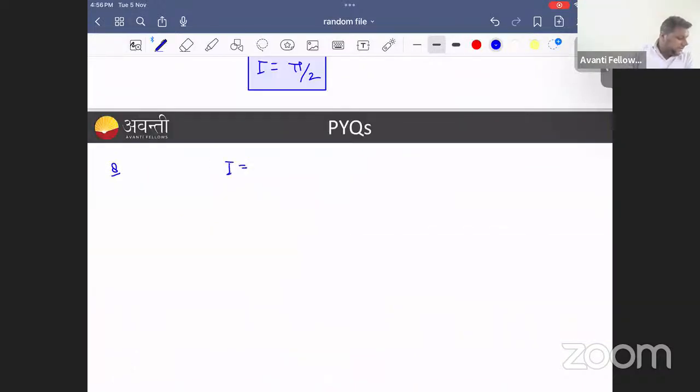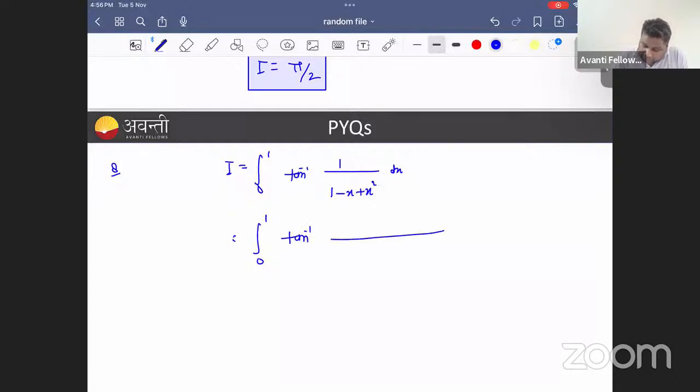I is integration 0 to 1 tan inverse of 1 upon 1 minus x plus x square dx. Alright. So I can write it as tan inverse, the denominator can be written as 1 plus x into x minus 1. And in the numerator I can write x minus 1. So numerator is still 1, isn't it?